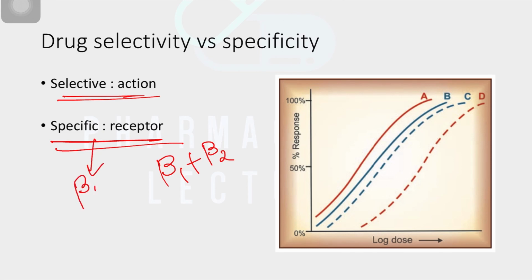No. If a drug acts on a particular receptor only, like beta 1, it is more specific, right? So you need to keep these things in mind, selectivity and specificity.